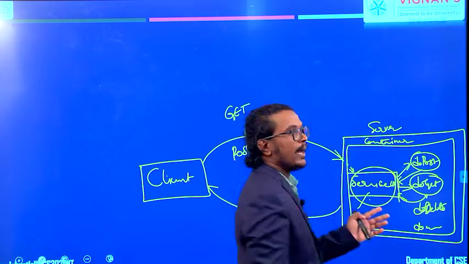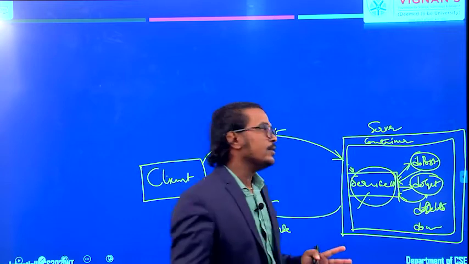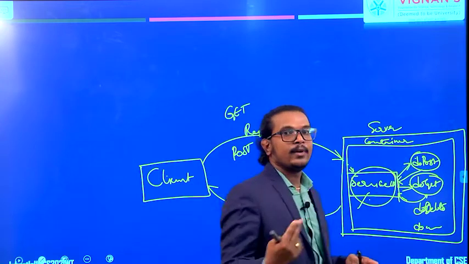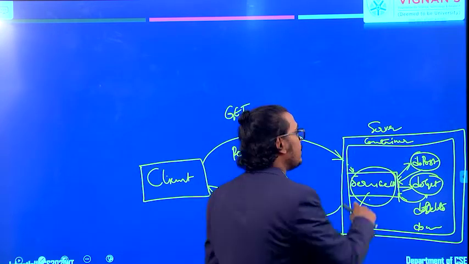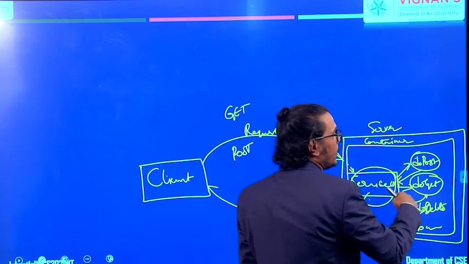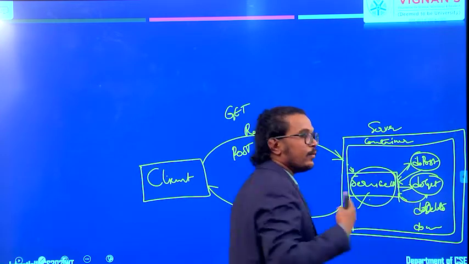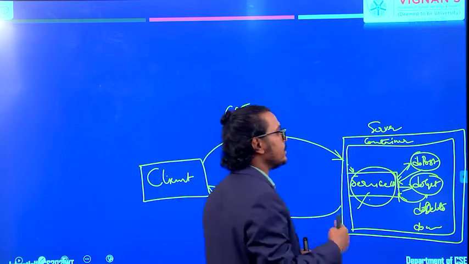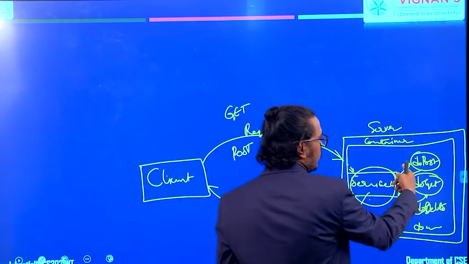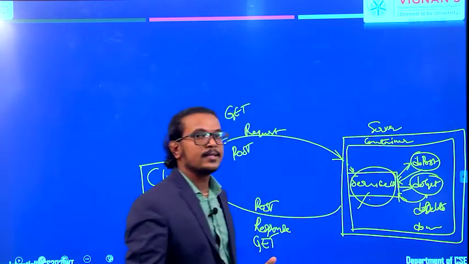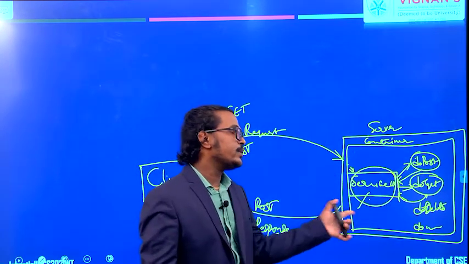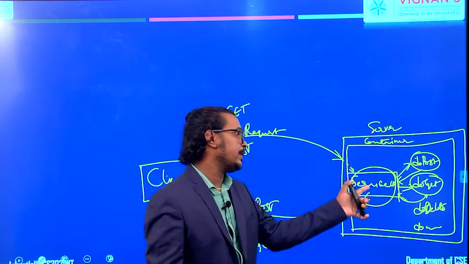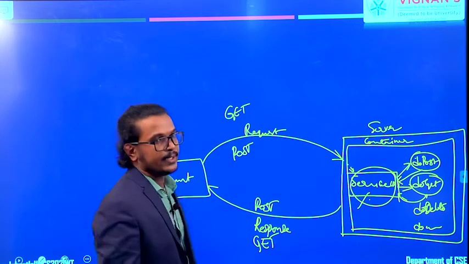In my service I have two different types of methods: the doPost method and the doGet method. With the doPost method we process that information. Once the processing is over, we send the processed information to the service, and the service method sends it back to the requested client.